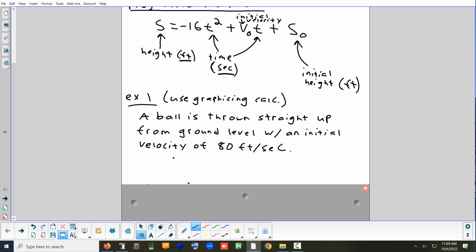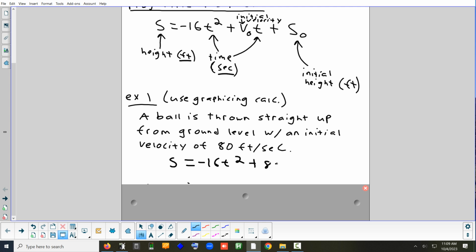Okay, so I'm going to start out with height equals, and what comes next that doesn't change? The negative 16t squared. That never changes. Now the next part does change. Plus the initial velocity times the time. What's the initial velocity here? Yep. 80 feet per second.